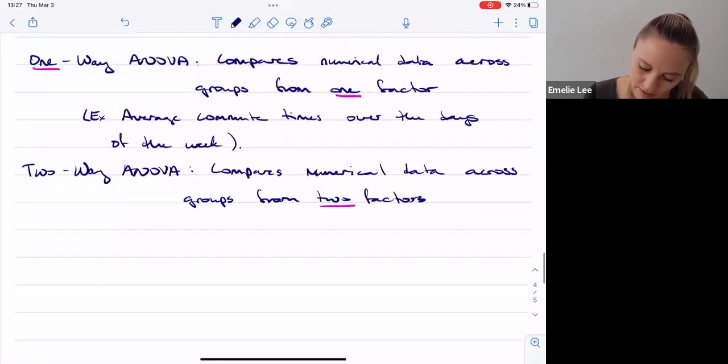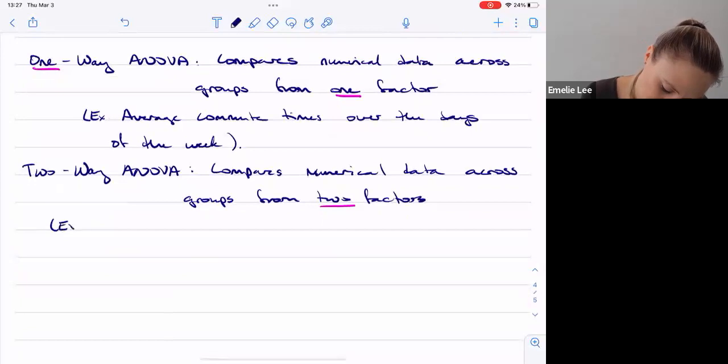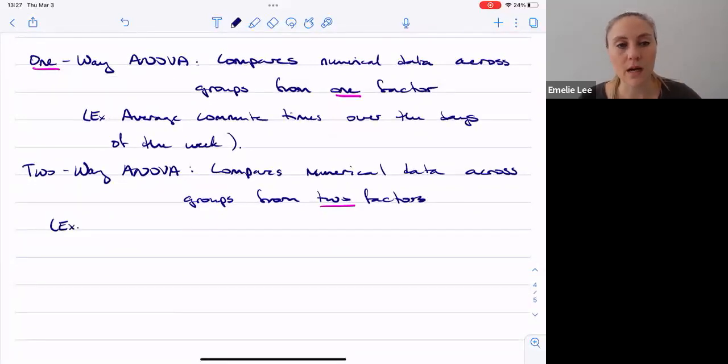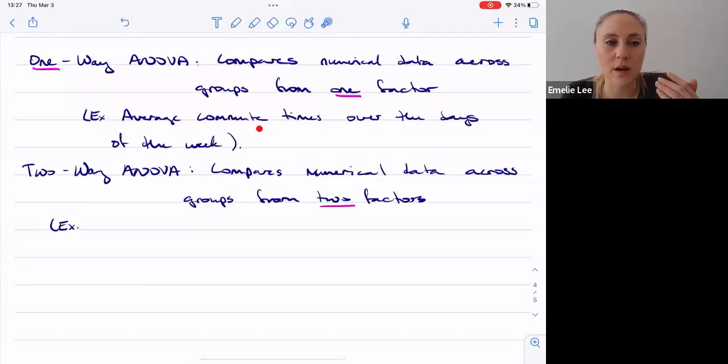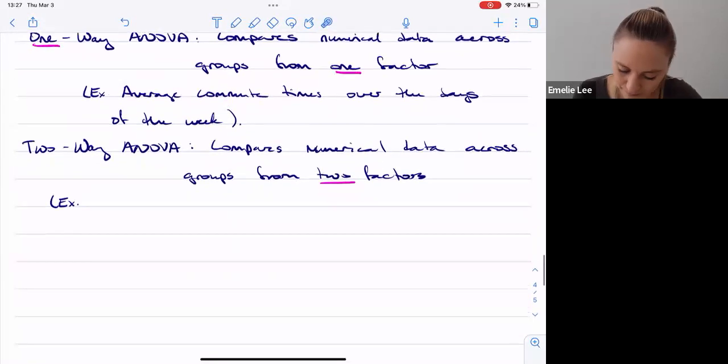For example, we could build on this average commute time over the days of the week, and we can compare summer months to winter months, for example, right? And so we could consider the seasons or the month or something like that, but we introduce this second factor that we're considering.